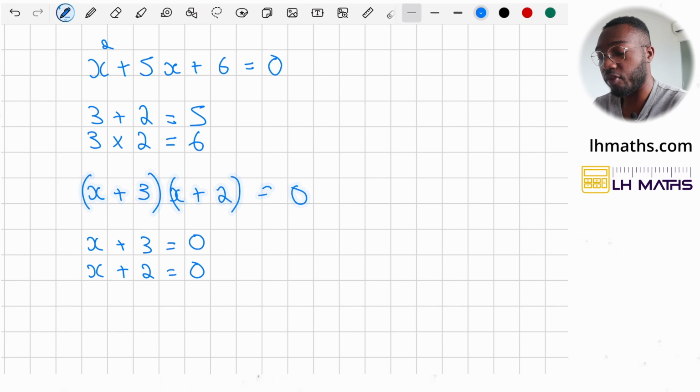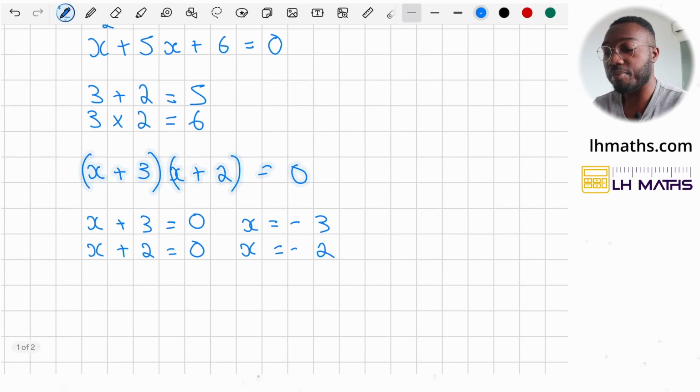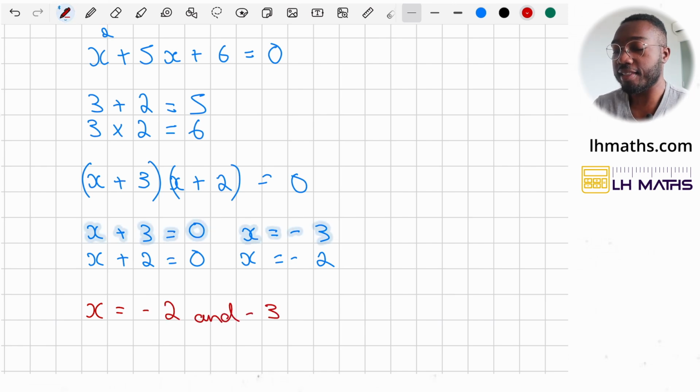So if x plus 3 is equal to 0, x is equal to minus 3, and x is equal to minus 2. So x squared plus 5x plus 6 is equal to 0 when x is minus 2 and x is minus 3. So that's how we would do it normally.